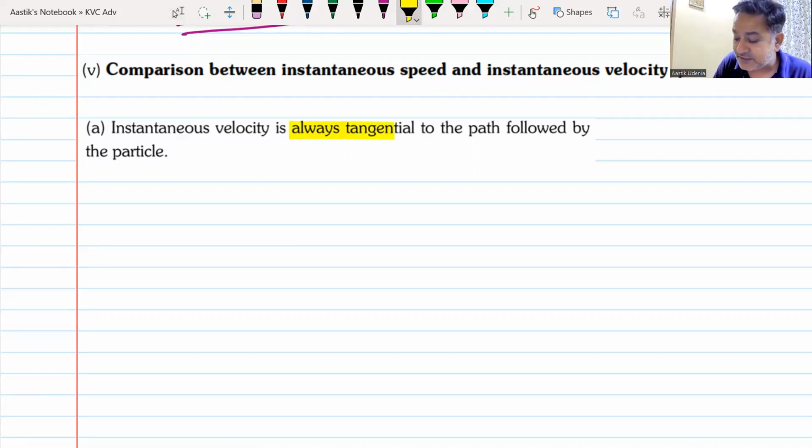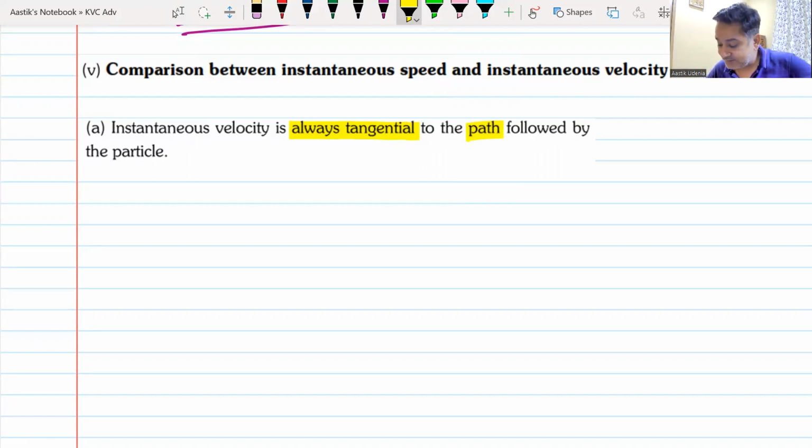direction of instantaneous velocity is always tangential to the path. What do you mean by tangential to the path? If a particle is moving not in a straight line, remember the name of this chapter is motion in a straight line, but these definitions are not restricted to straight line only.